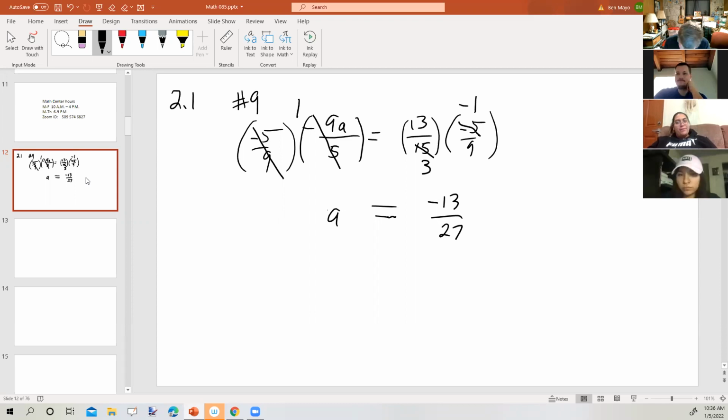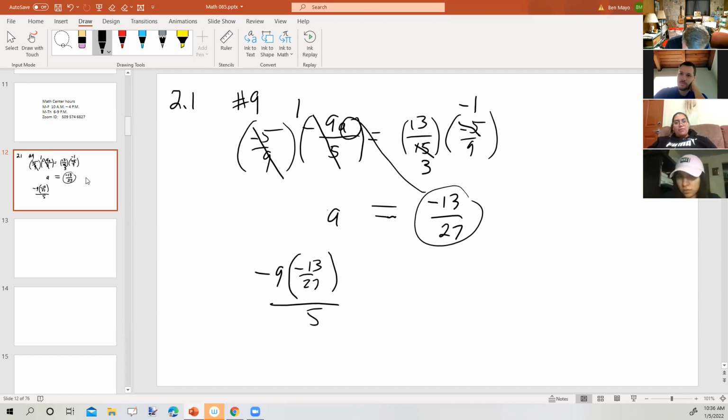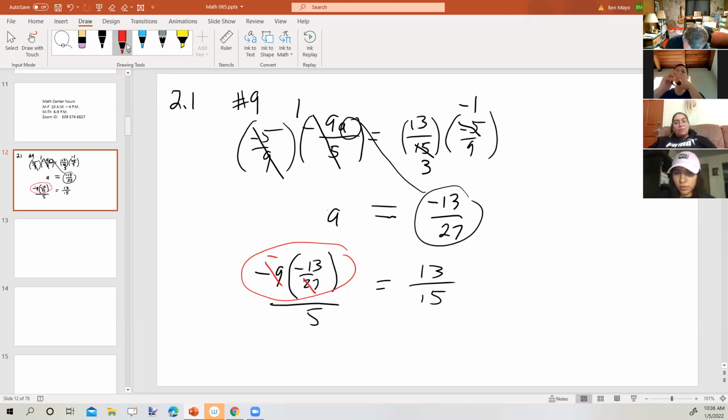Let's check our work. So we'd have -9 times -13/27 all over 5. So I've put that in the place of a equals 13/15. Well, I can take this and reduce the -9 over 27 to -1 over 3. Okay, so now what have I got?